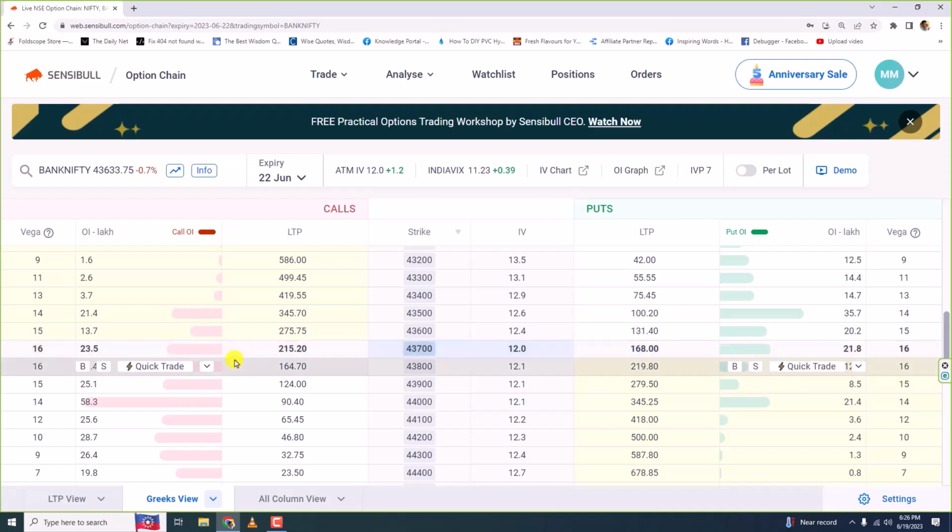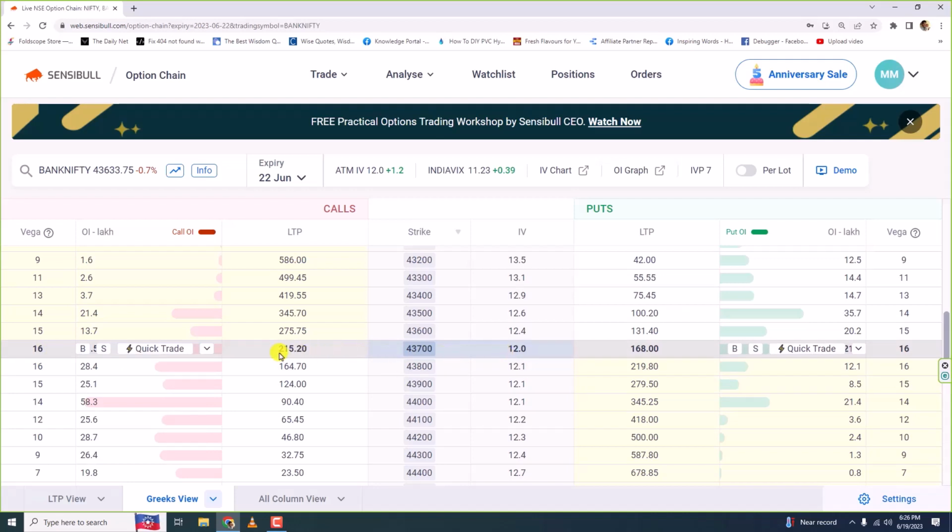That is what this means. So 215.20 will become 231.20 when the IV changes from 12 to 13.